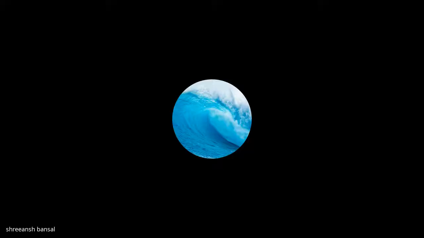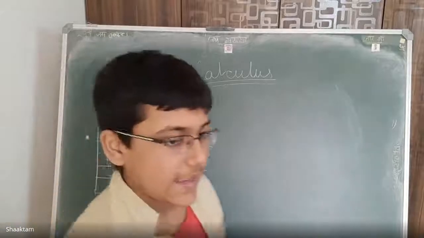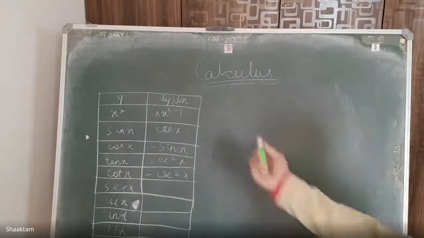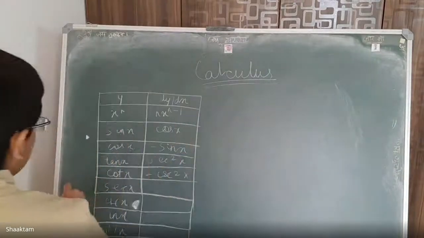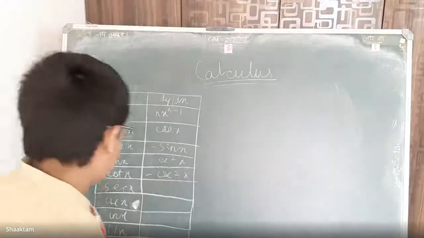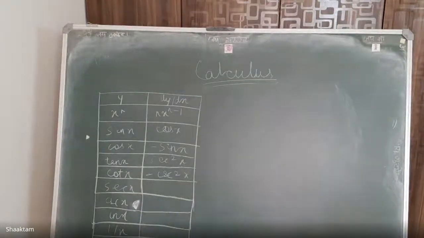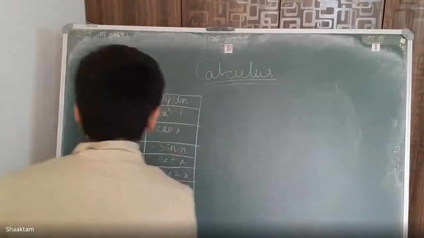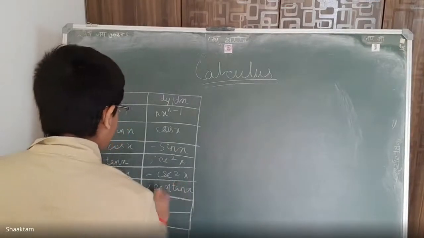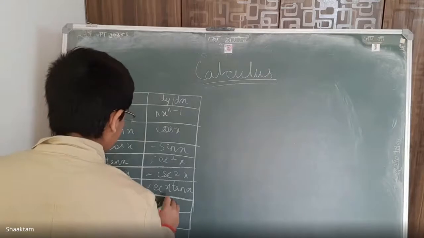See, there are a few more formulae like sec x, cosec x, tan x, cot x. These four can be proved by the other formulae which I'll tell you. So sec x will be sec x tan x. Cosec x will be minus cosec x cot x.